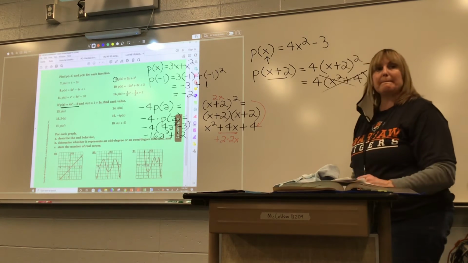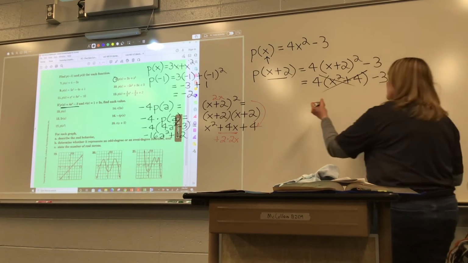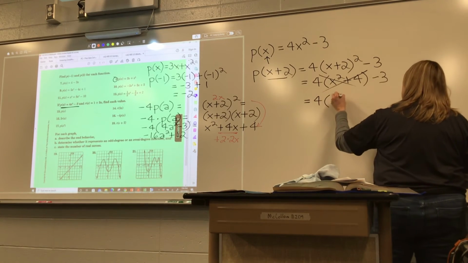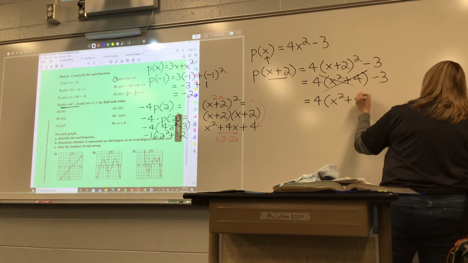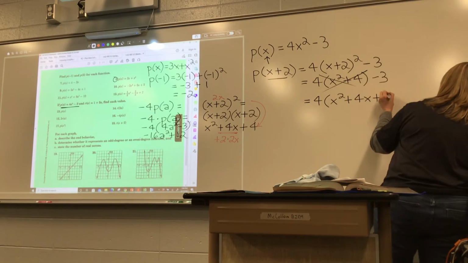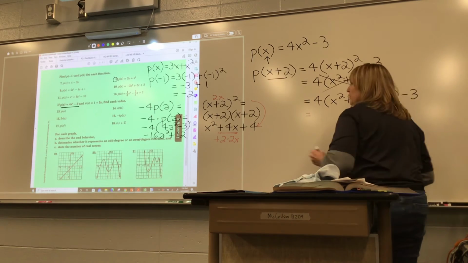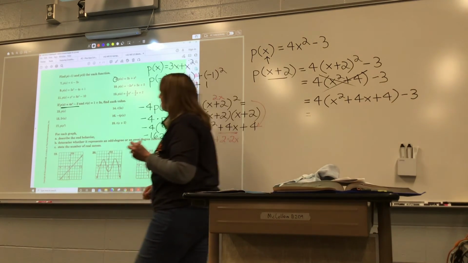So the answer here becomes 4 times the quantity x squared plus 4x plus 4 minus 3. Simplify it the rest of the way for me. What does that become?